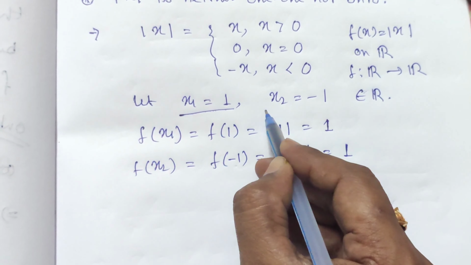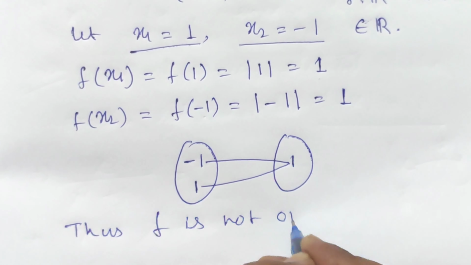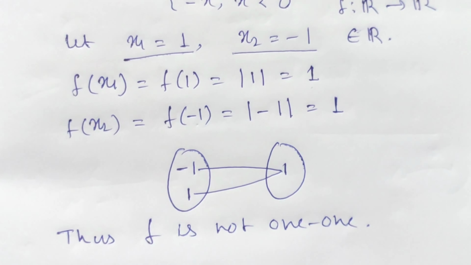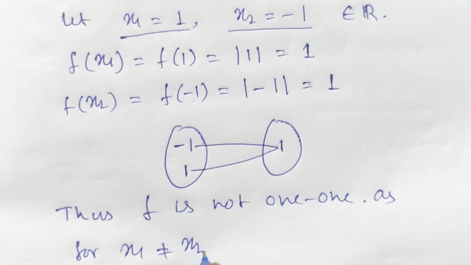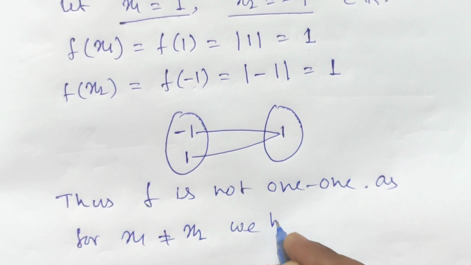So f is not one-one, that is, mod x is not one-one. As for x1 not equal to x2, we have f of x1 equals f of x2. That's why f is not one-one.